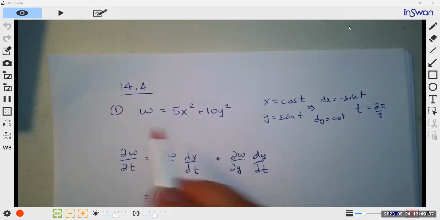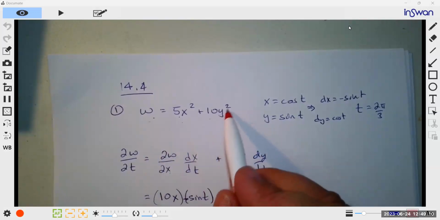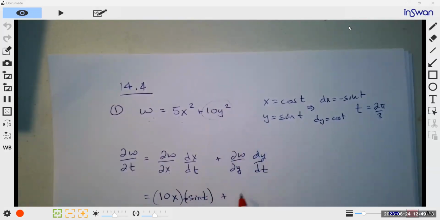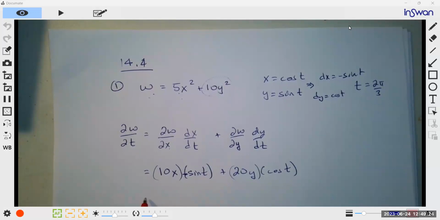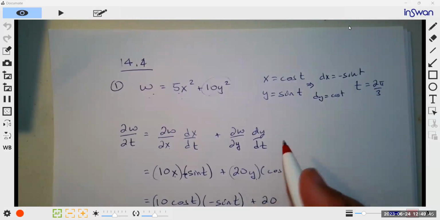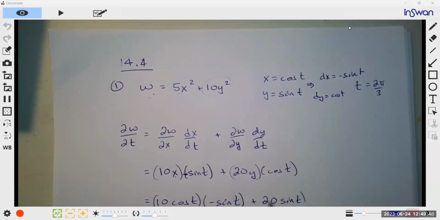Now dw/dy: the derivative with respect to y is to bring the 2 down, times dy/dt, cosine t. All right, so now what is x? x is cosine t, so it's 10 cosine t times negative sine t. y is sine t.